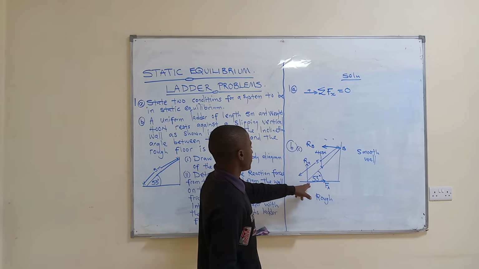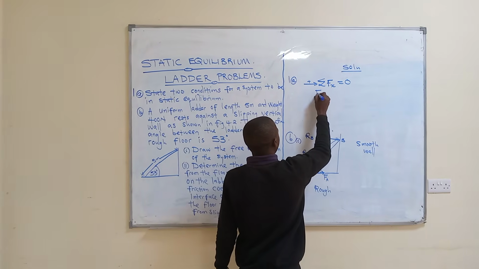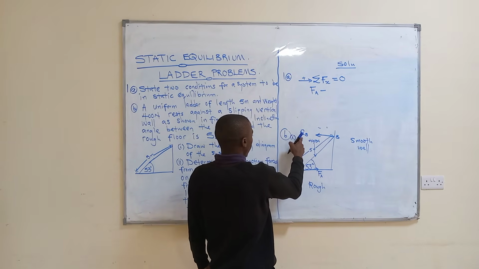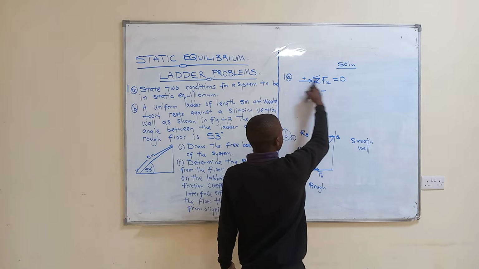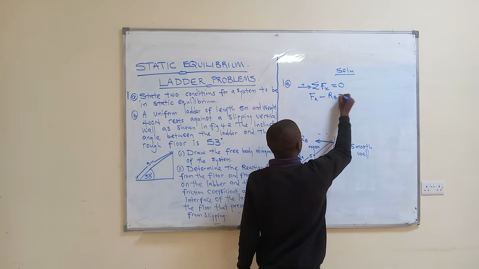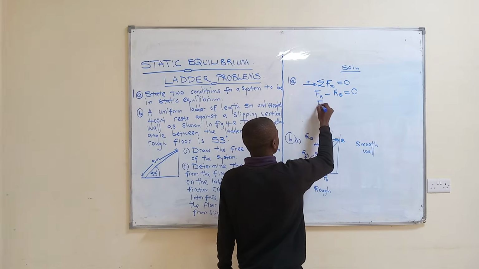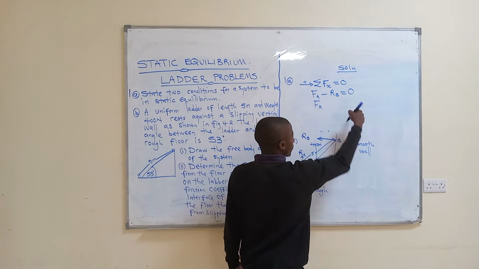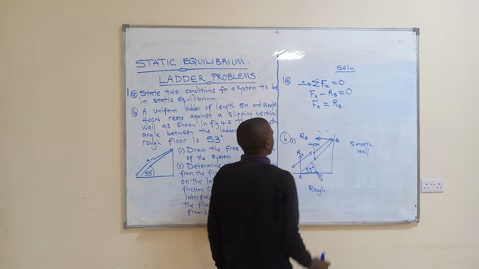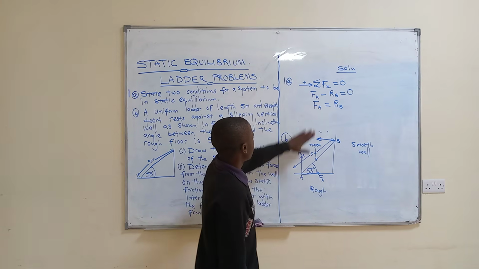So my friction force was going this way to the positive axis, so it will be Fa minus this reaction force that was opposing the motion, Rb, is equal to 0. So making Fa the subject of the formula, Rb crosses the equal sign to become positive. So Fa is equal to Rb. You just keep this equation.